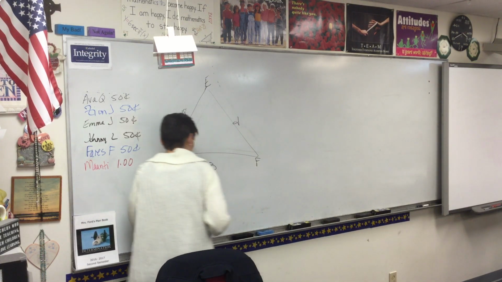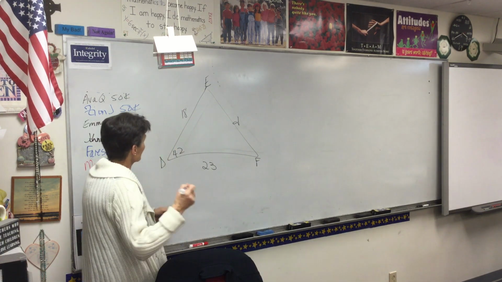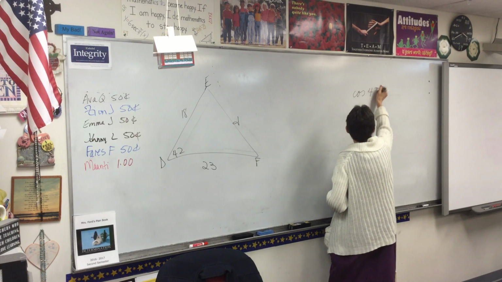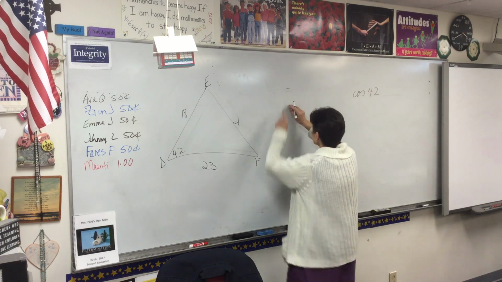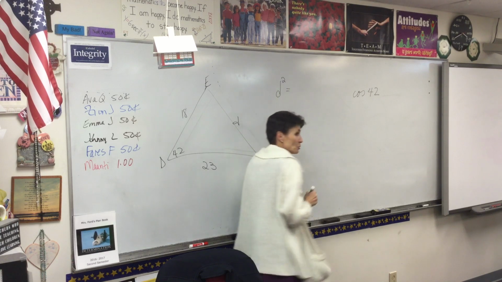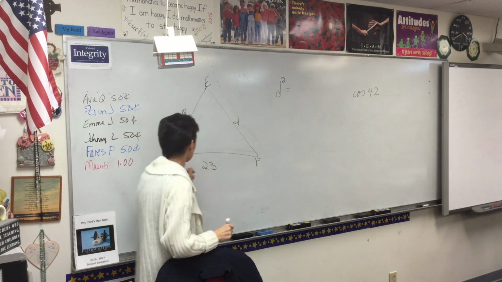So, you said we're not going to do sines, so therefore I'm going to have cosine 42. And over here then will be d squared, it's your variable squared.